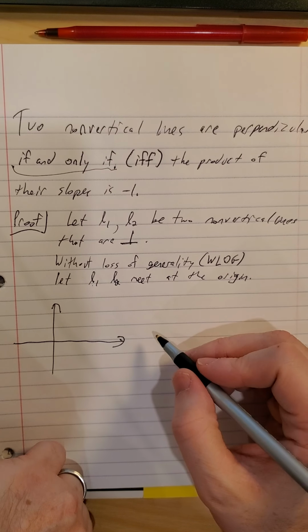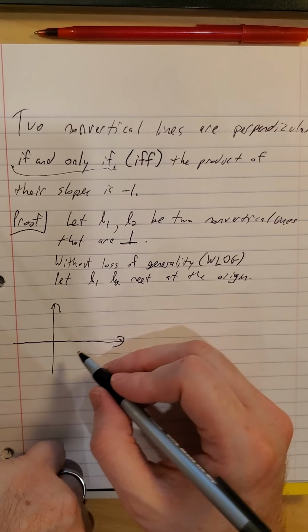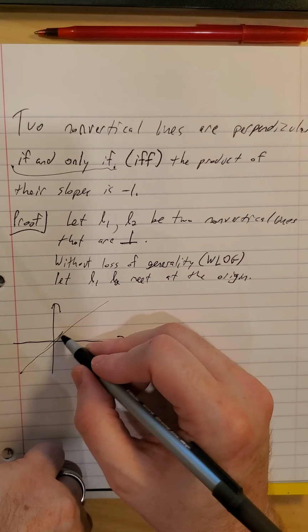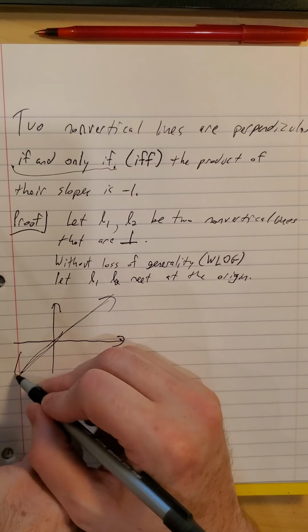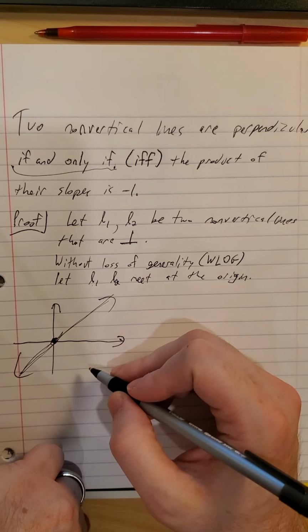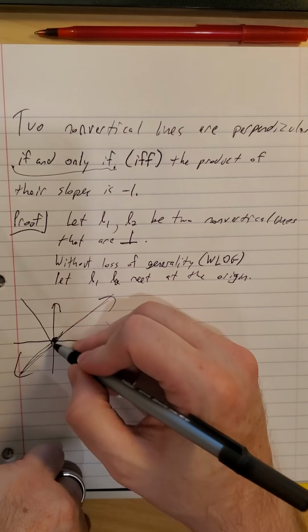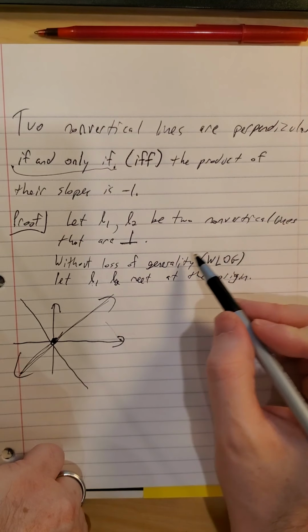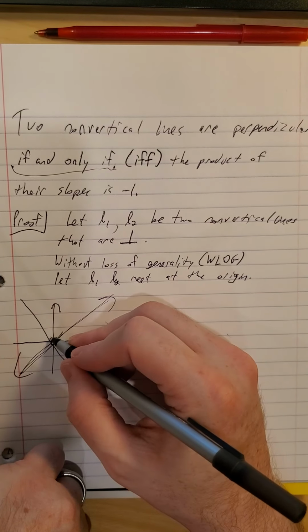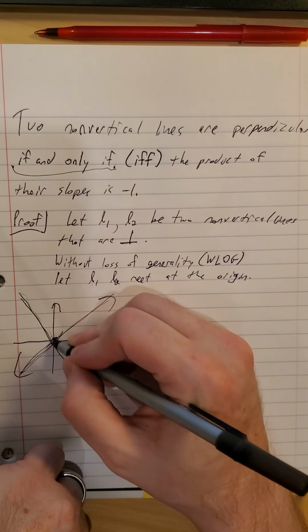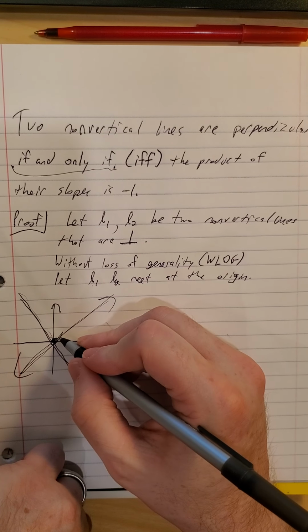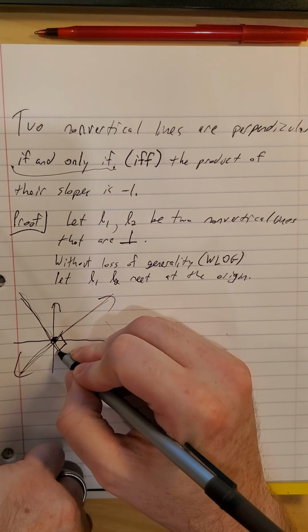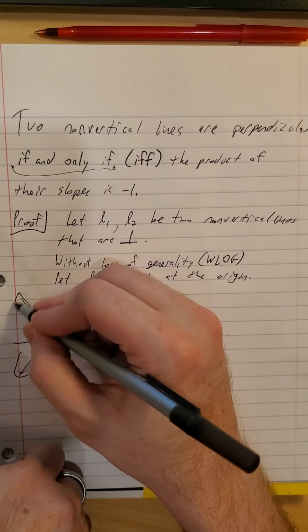Here we are in the XY plane. We have two lines and we have them meeting at the origin. And we're claiming that they are perpendicular. So I'll draw them as close as I can, freehanding to a nice pretty 90-degree angle there.